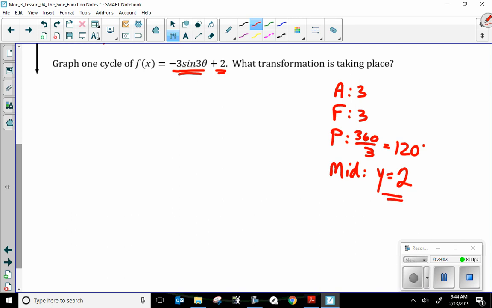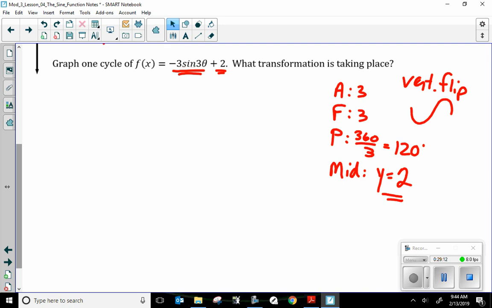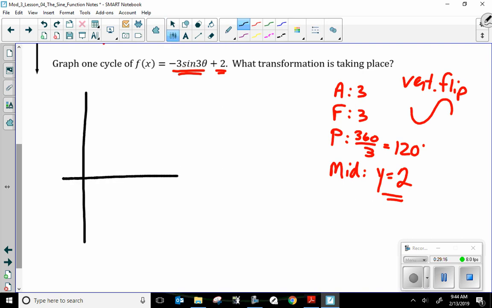And this is still a vertical flip, which means it's going to go down, then up. All right? So, okay, we are still going 120 degrees. That's the end. Half of that is still 60. Half of that is still 30. If I add 30 and 60, that's still 90.